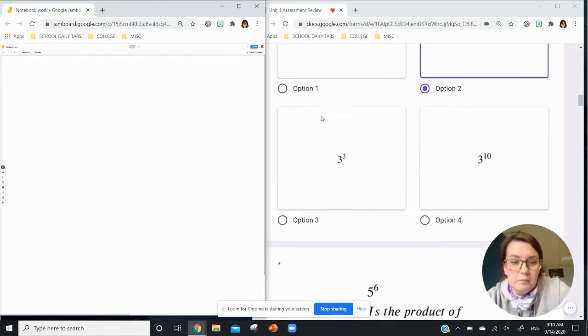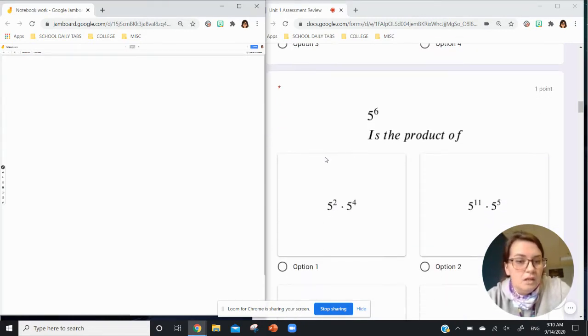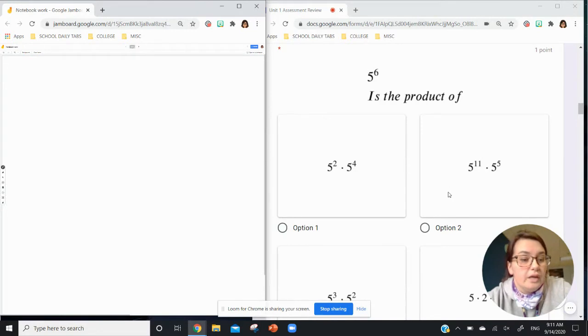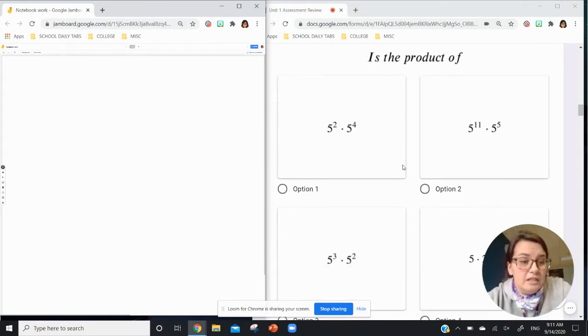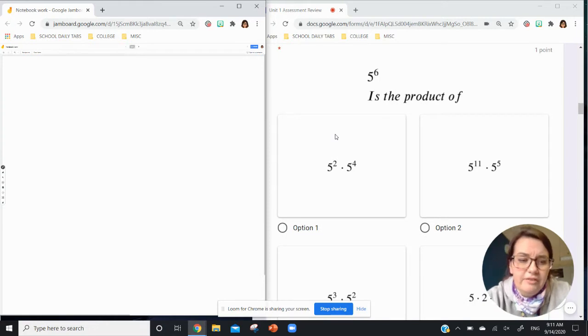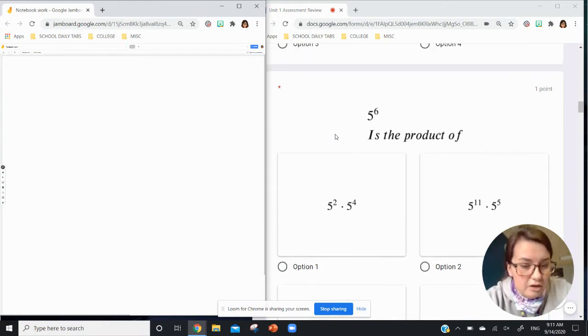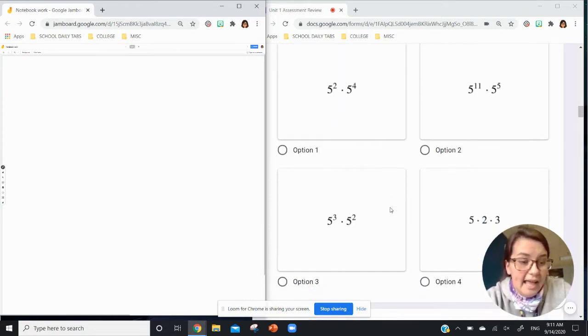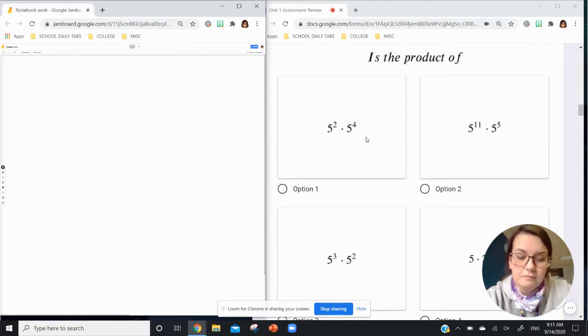Clear my frame. Okay, so this is kind of the opposite. It gives us the answer, but it wants to know which one it could be the answer to. So I'm just going to go through and do each one just to be sure. I know I'm looking for 5 to the 6, and these are all multiplying problems, so I'm going to add all of the exponents.